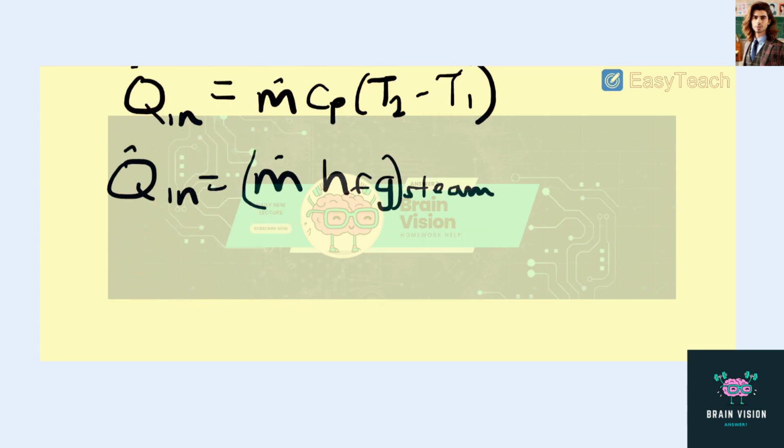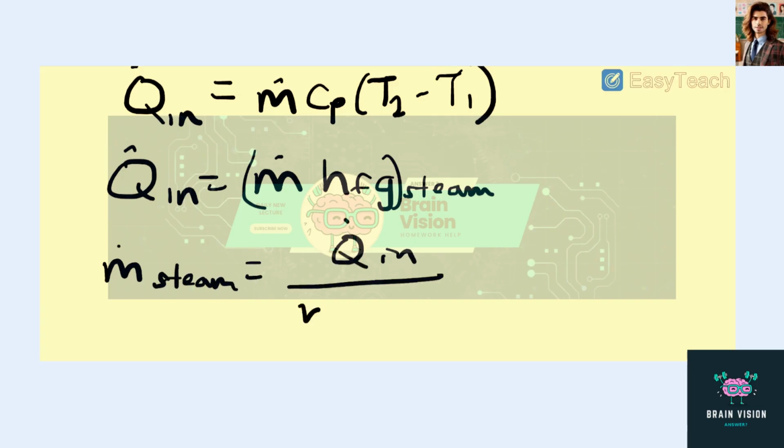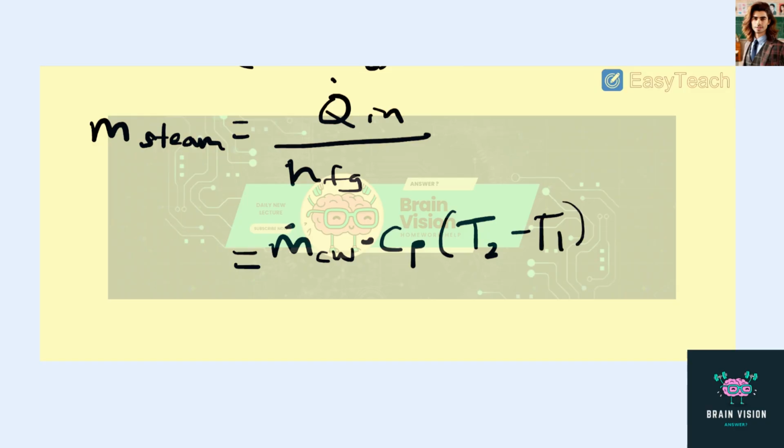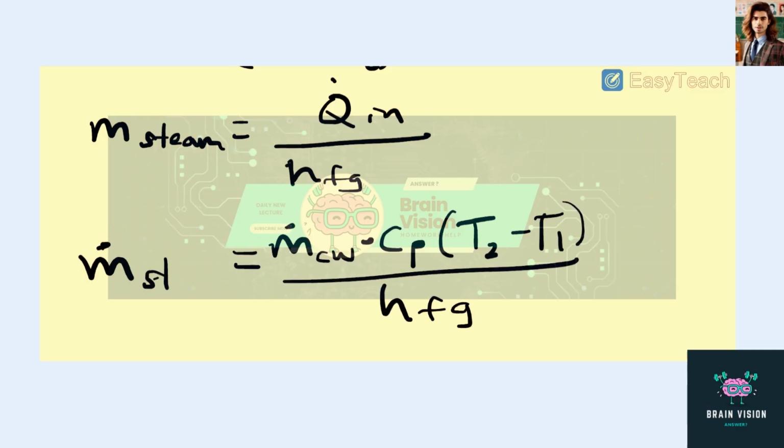So we can solve for m dot of the steam by saying that m dot steam is equal to Q dot in all over hfg of the steam. If we plug in for Q dot, m dot of the cooling water times Cp times (T2 minus T1) all over hfg is equal to m dot steam, and that is our rate of condensation.